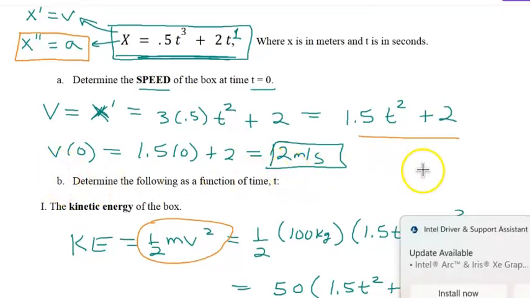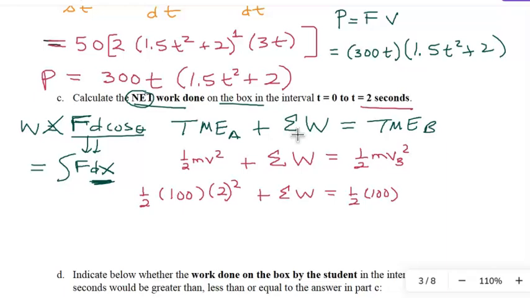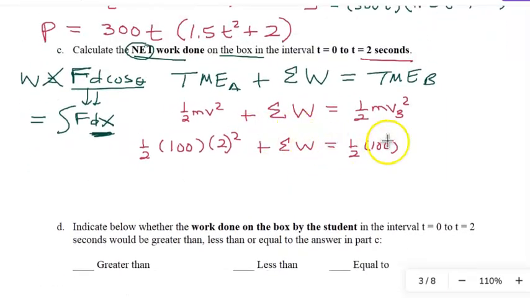V of 0 is 2. V of 2 is 1.5 times 4, which is 6, plus 2, or 8 meters per second. Okay, so it went from 2 to 8 meters per second. Go back down here.